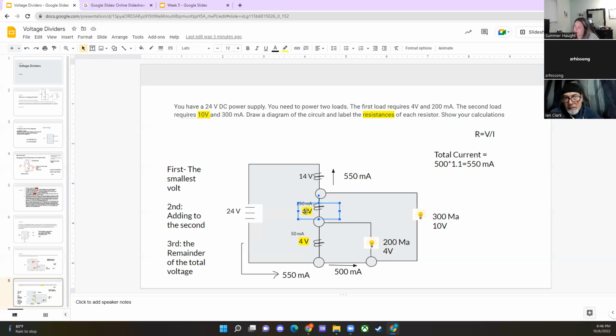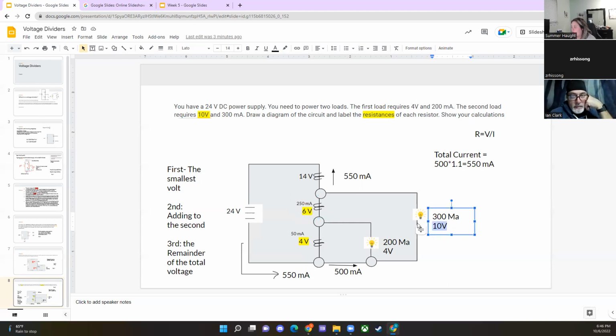So the way that we got this 6 is, we did 6 here because we knew that this was 10 already, and we already knew 6, so 6 plus 4.